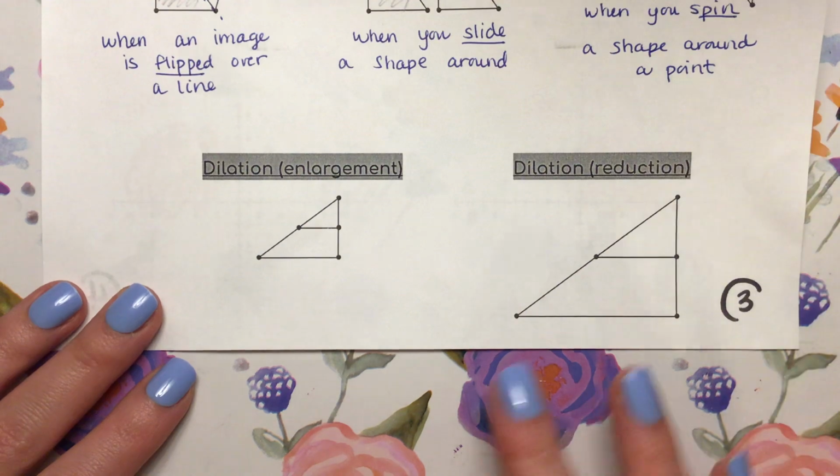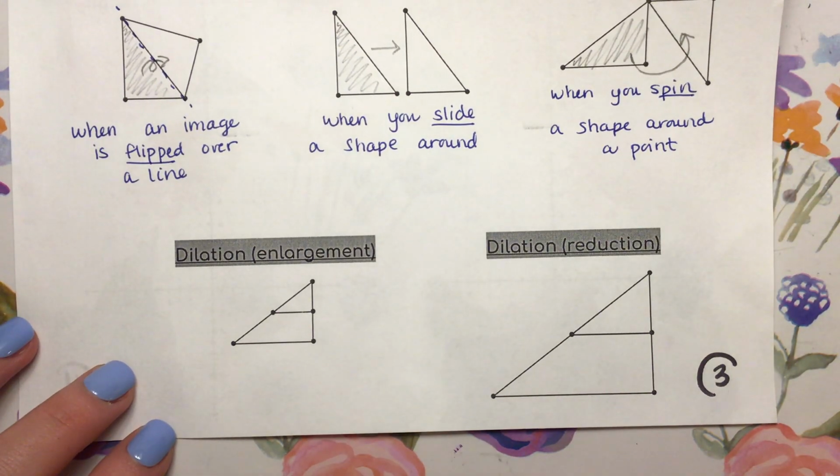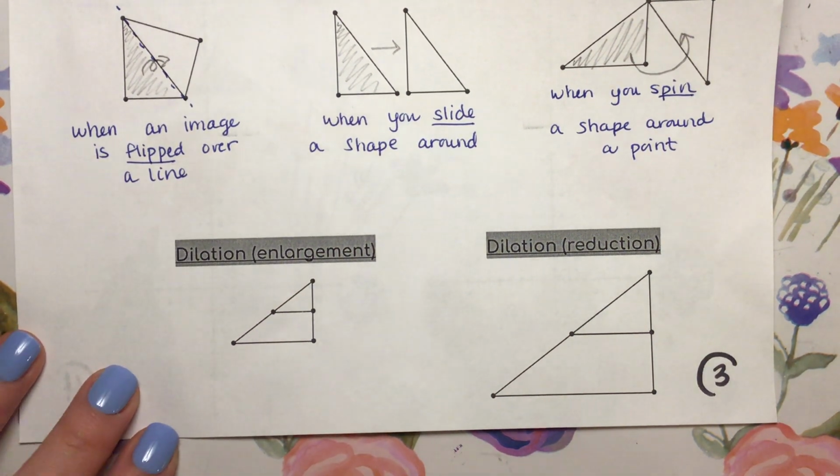Now the next type of transformation that you can do is a dilation, and there are two different ways that you can change the size of something. You can either make it larger or you can make it smaller. If it's larger, then it's called an enlargement.